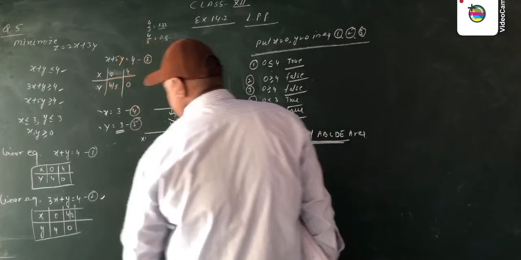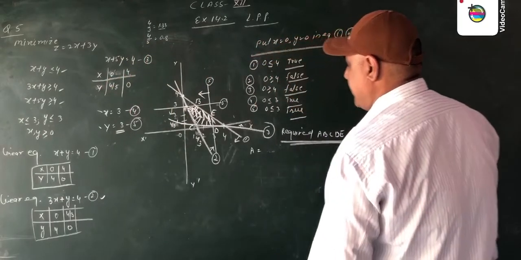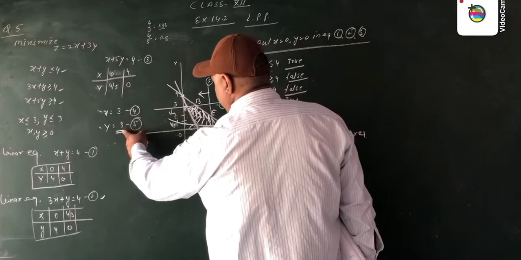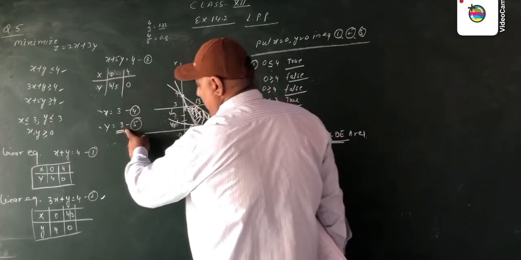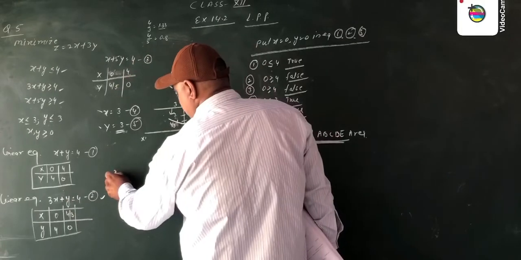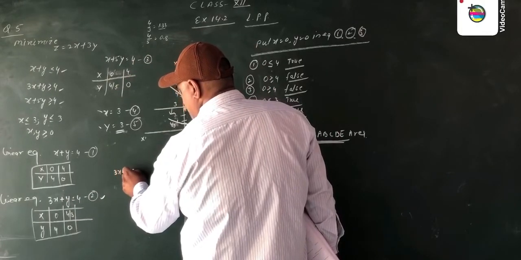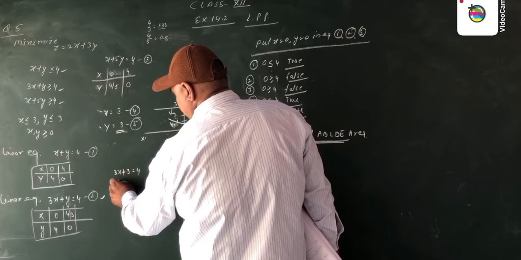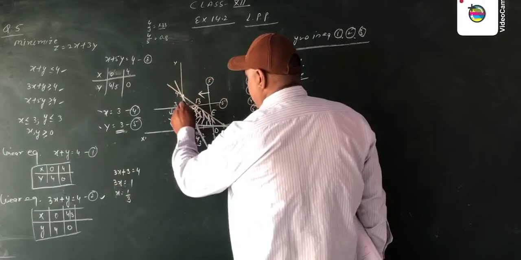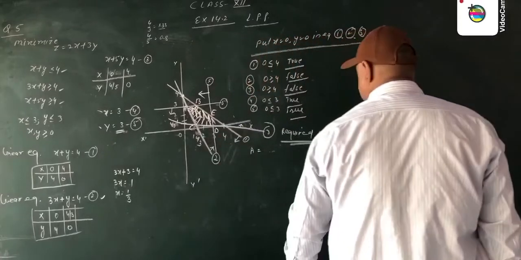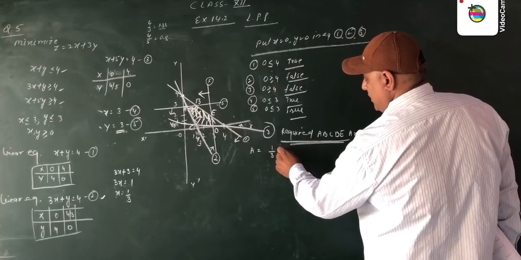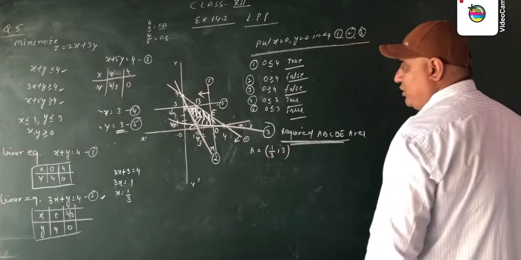We solve these two equations to find the values of x and y. Y already has a value: y is equal to 3. Put y equal to 3 in this equation to get the value of x. 3x plus 3 is equal to 4. 3x is equal to 1. x is equal to 1 upon 3. Now the coordinate of point A is x equal to 1 by 3 and y equal to 3. This is the point.